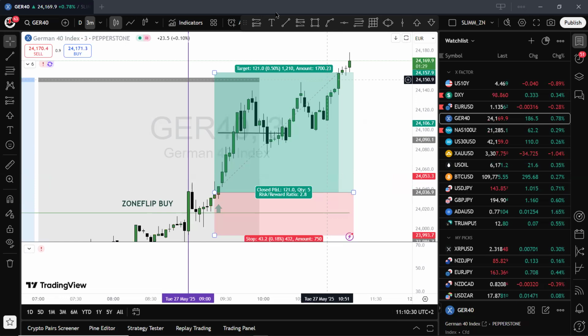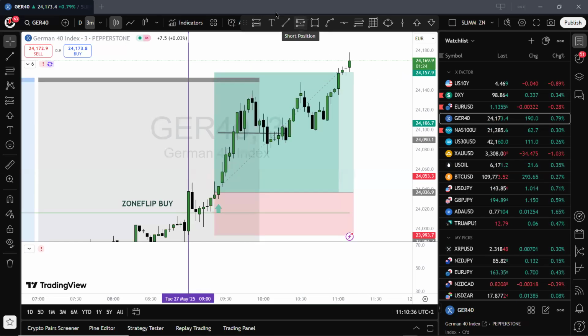Let me go to my WhatsApp so that I can retrieve the recording of the running trade so that you can see that the trade was actually executed.